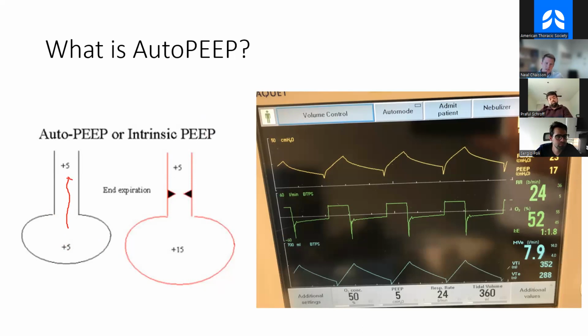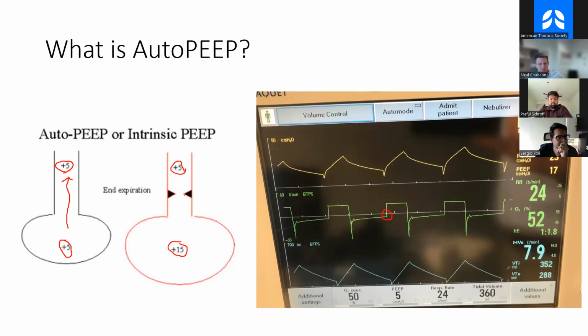And so naturally, the elastic recoil of your lungs and your chest wall is going to push air out until such a time that the pressure of air in your lungs and the pressure at your mouth are in equilibrium, right? Everybody agree? And then you'll have zero flow. So here, if there's still flow out, that by default means that the pressure inside the lungs is still higher than the pressure at the mouth.